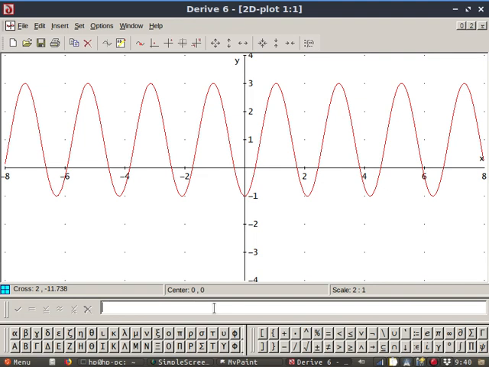Let's check. 30 degrees is pi over 6, isn't it? Yeah. The same as this graph. Oh, hang on, let me mark off 30 degrees first. Now, look, this line here is 30 degrees.